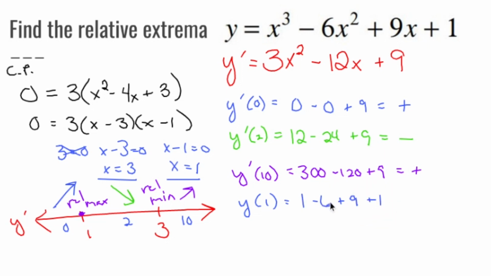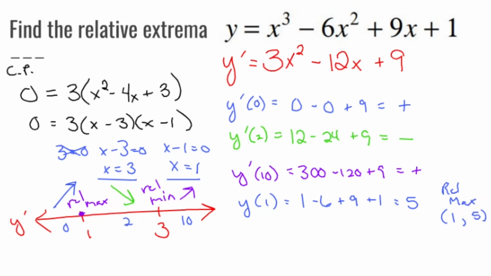So 1 minus 6 is negative 5. Negative 5 plus 9 is 4. 4 plus 1 is 5. So when I plugged in 1 to the original equation, I got 5. That tells me that my relative maximum, just one of them, is going to be the point (1, 5).